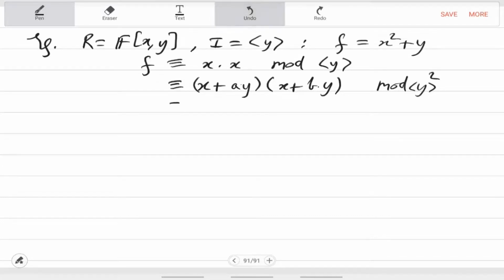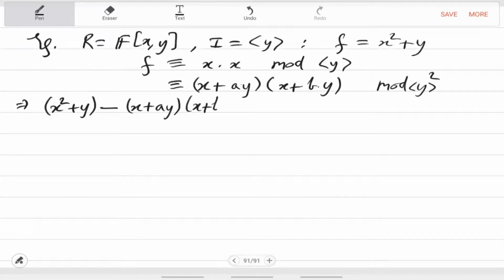So which will mean what? You take the difference of the actual f, so x square plus y, minus this, mod y square. So x square will cancel and the y square will also disappear.